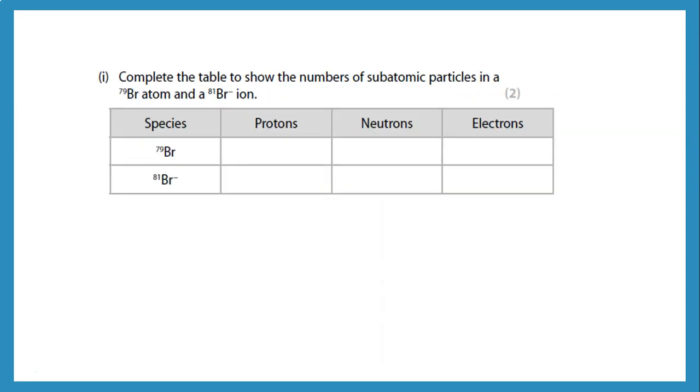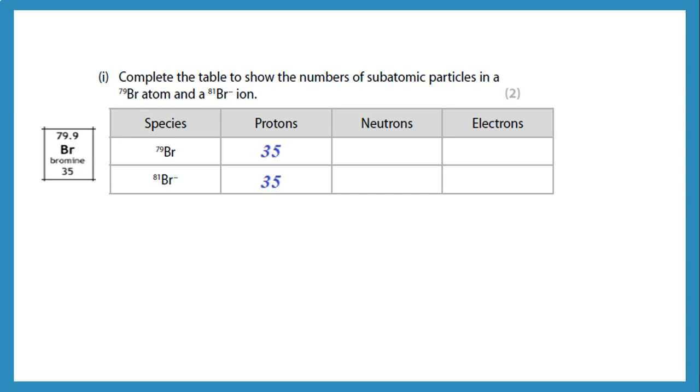Okay. What if he's saying complete the table to show the numbers of subatomic particles in a bromine atom and a bromide ion? So he's giving me mass numbers for each of these, but I need to go back to the periodic table again to find the atomic number. So bromine has atomic number 35.